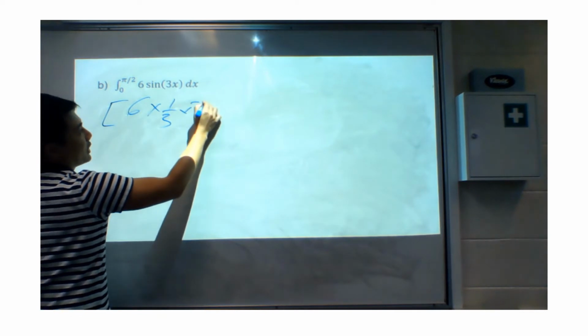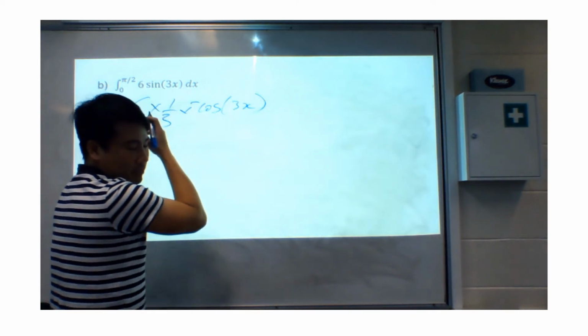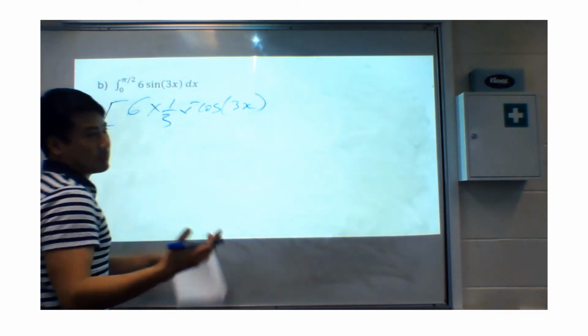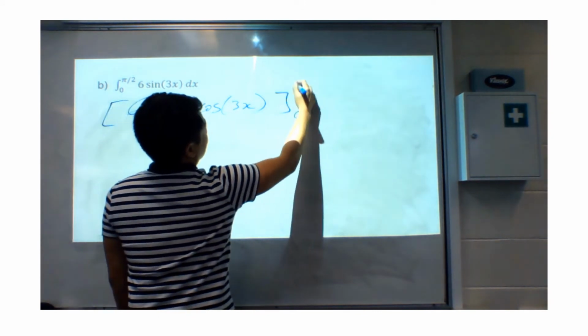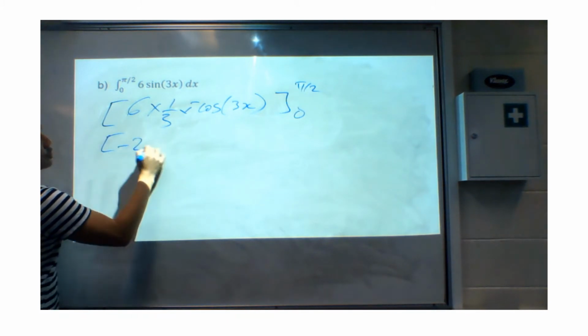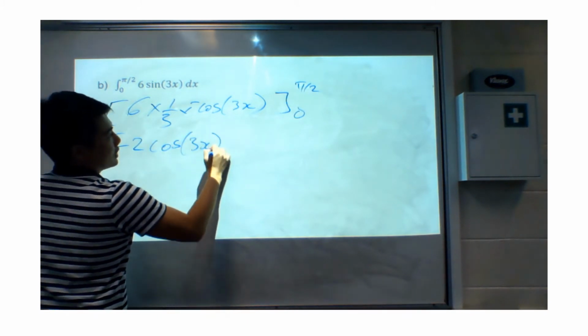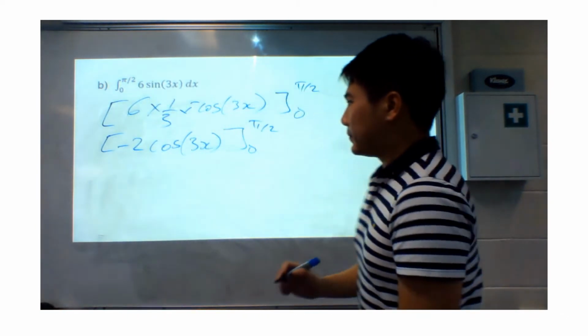Sine will become negative cos 3x plus c, but I wouldn't bother putting in plus c because you will end up minusing the c anyway. From 0 to pi over 2. Clean this up a little bit, that becomes -2 cos 3x, 0 to pi over 2.